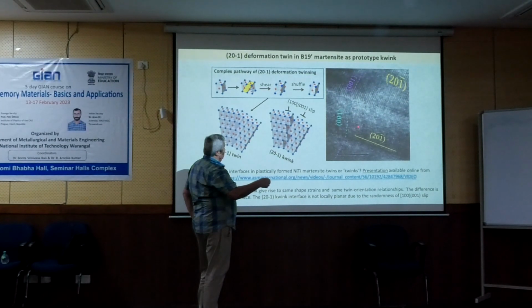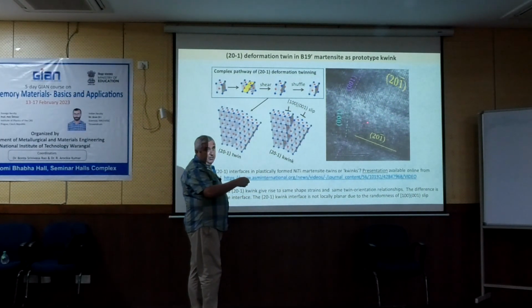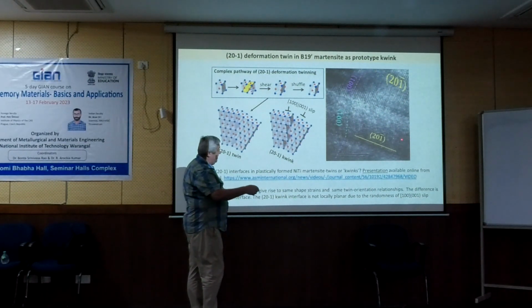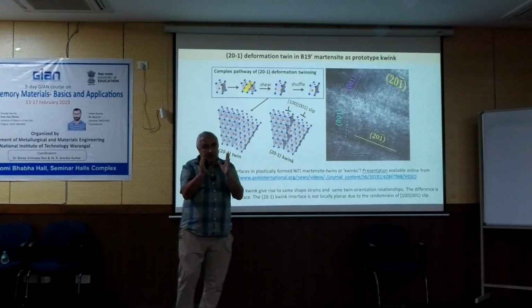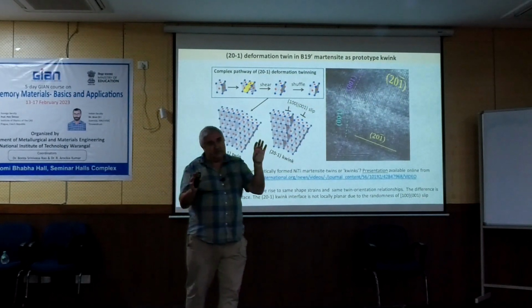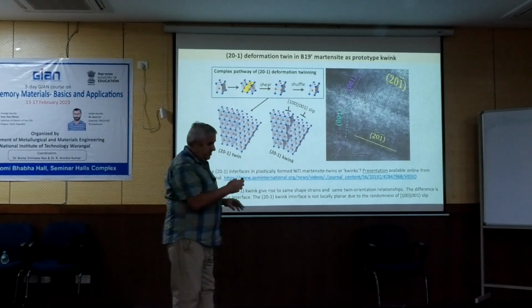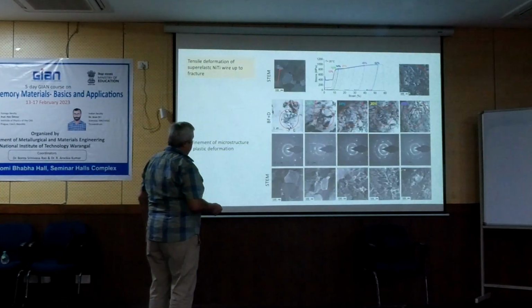So in this case, this is not low angle grain boundary. There is a very big misorientation. But I can have such a band where there is only slight rotation. This kink could be only slight rotation. I will still get the kink.